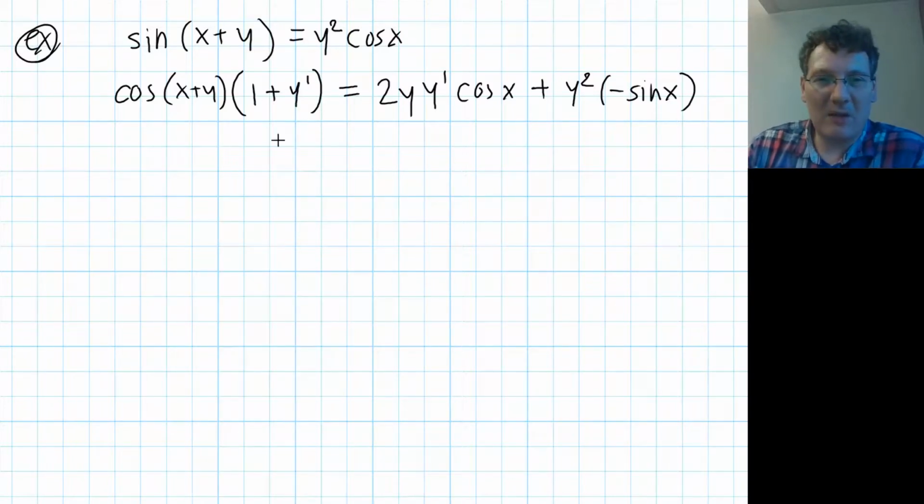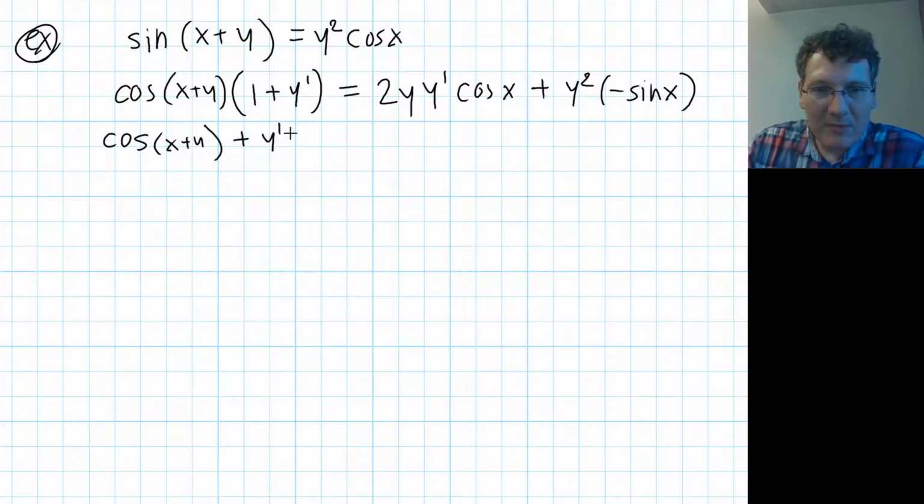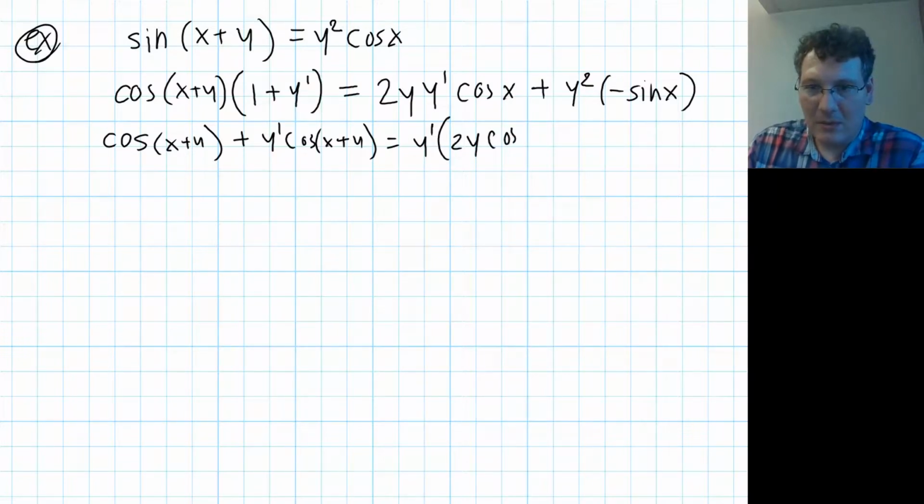So I'm going to distribute on the left to give me cosine of x plus y plus y prime times the cosine of x plus y. And so over here we've got a y prime times the 2y cos x, and then we've got minus y squared sine of x.